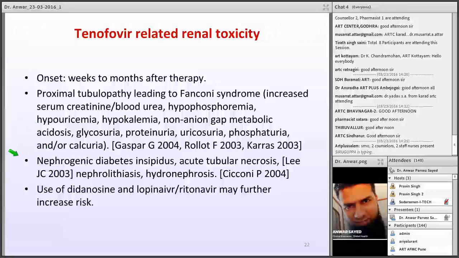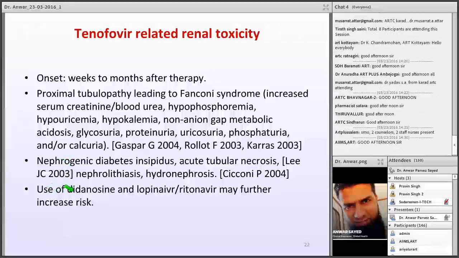Then it causes acute tubular necrosis, and it may also cause nephrogenic diabetes insipidus and nephrolithiasis. The combination use of didanosine and lopinavir ritonavir may further increase this risk.